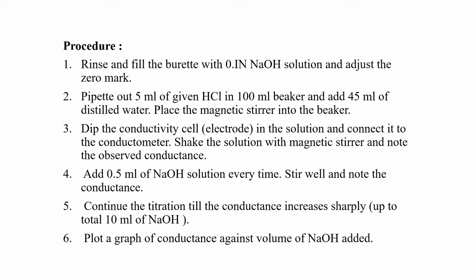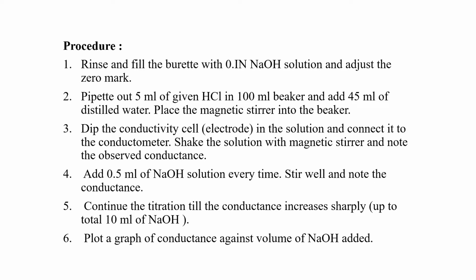Now the next step is, dip the conductivity cell or electrode into this solution and connect it to the conductometer. Shake the solution with magnetic stirrer and note down the observed conductance.